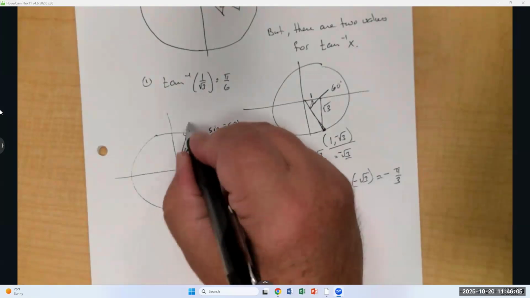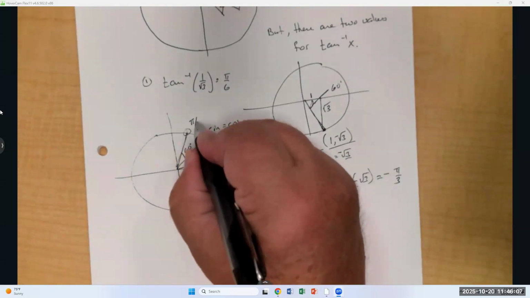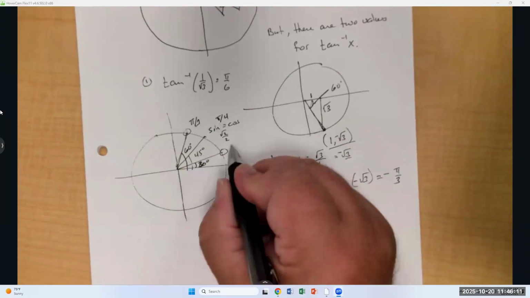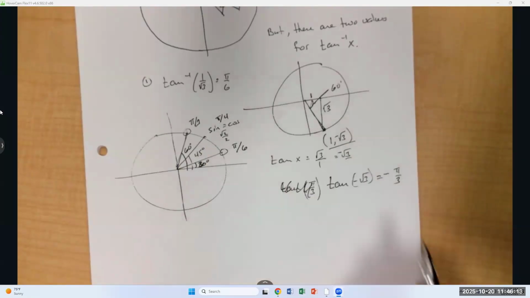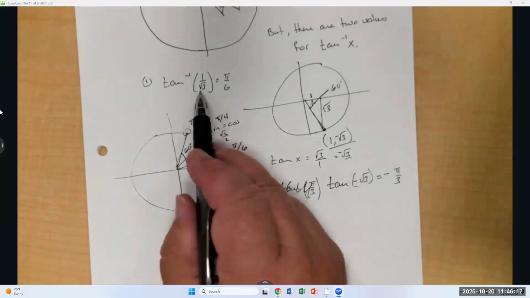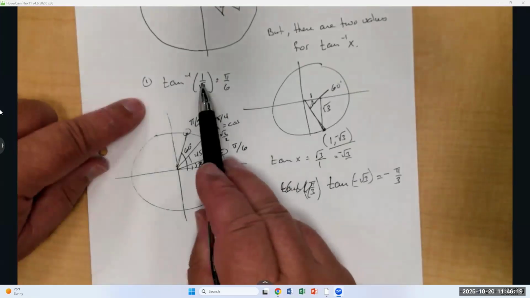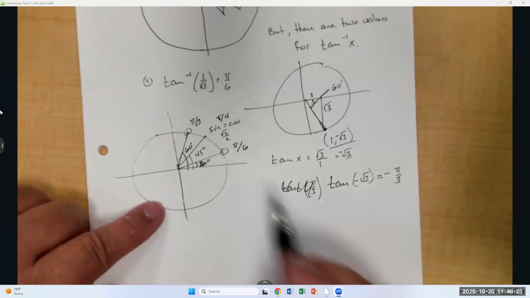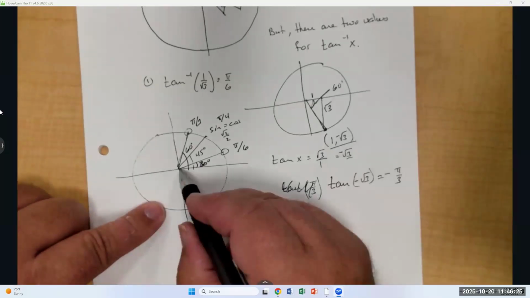This is 60 degrees, which is pi over 3. This is pi over 4, and this is pi over 6, which is what we're doing. When we did this one, that's at pi over 6. Now we're doing this one, that's at negative pi over 3, which is this one down here.